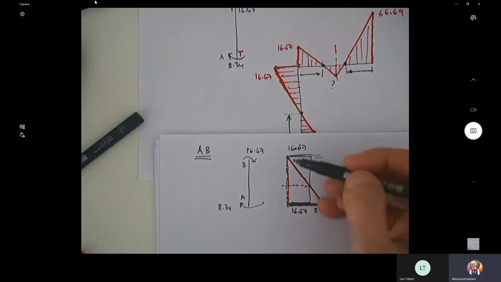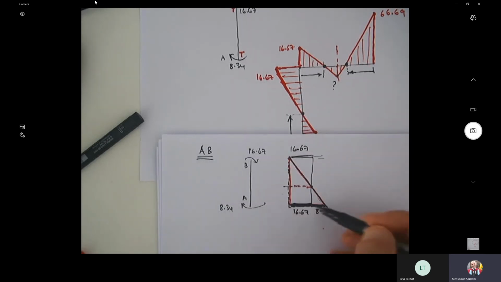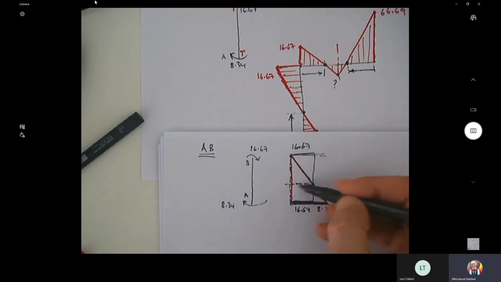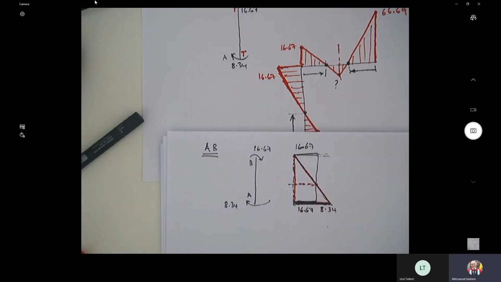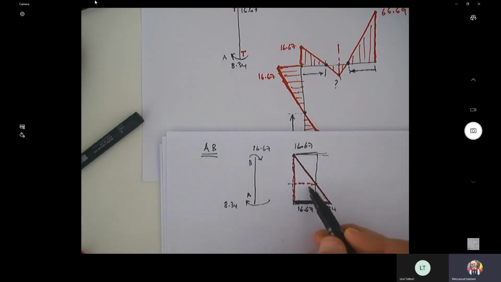I repeat, this triangle here is similar to this triangle because these two lines are parallel. So you've got similar triangles. What does it mean? It means that this side divided by this side is equal to this side divided by this side.